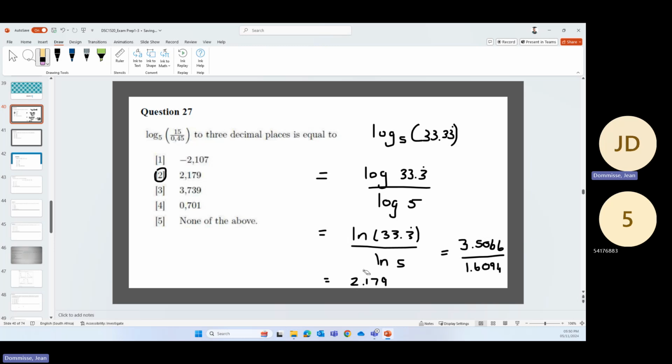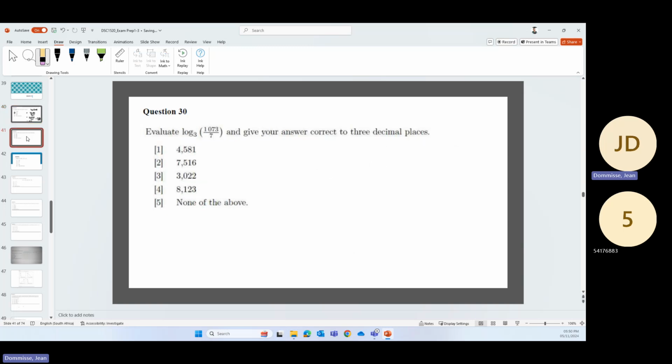In most calculators there is an ln function, so log can just be used as ln, and then we are able to solve the question.